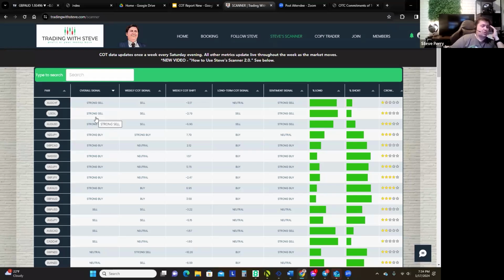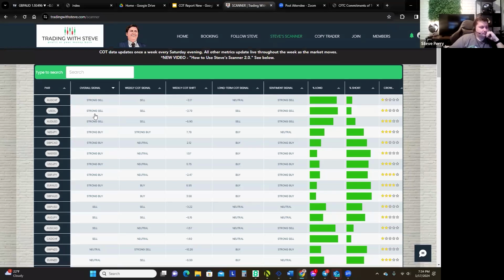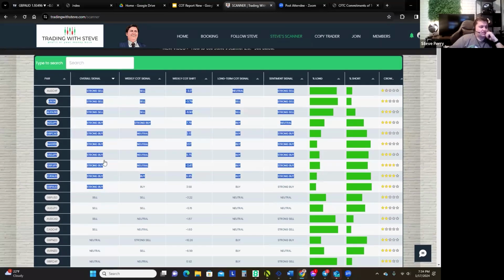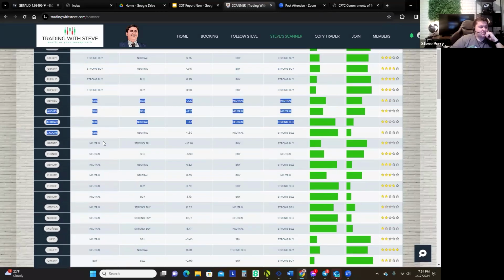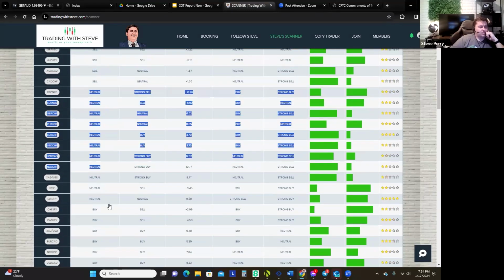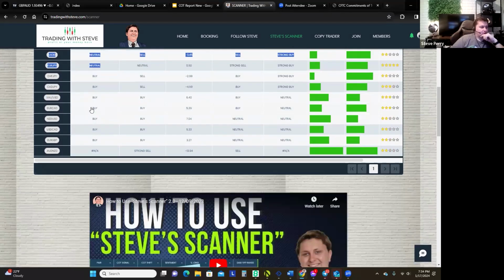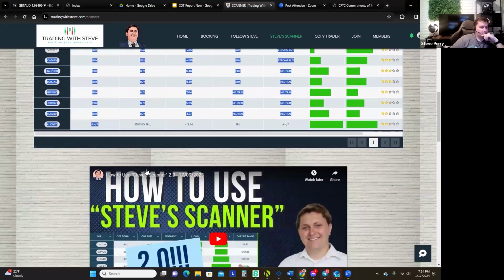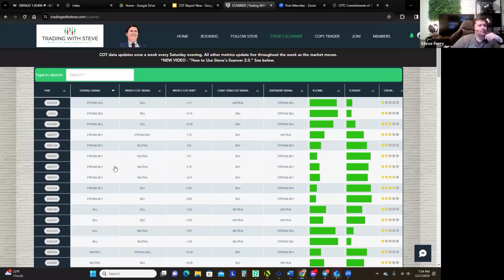These are the signals we're probably going to take, right? So these are the top trades right here. And then you've got some that are just sell signals. You've got about 10 neutrals right there. And then you've got, probably what, like 7 or 8 buy signals right there, right? Pretty cool.